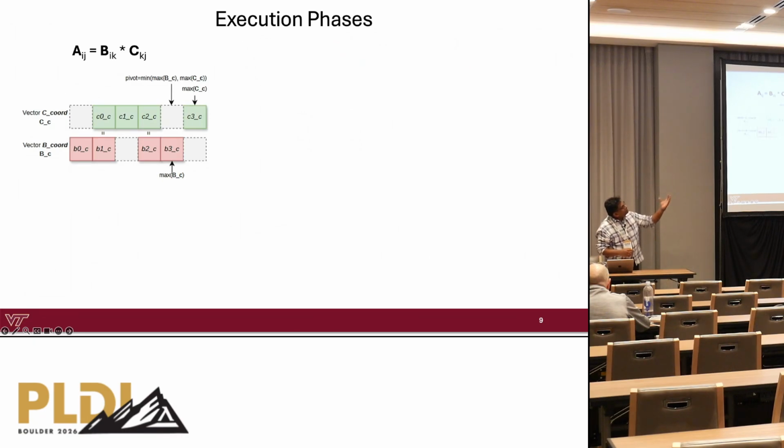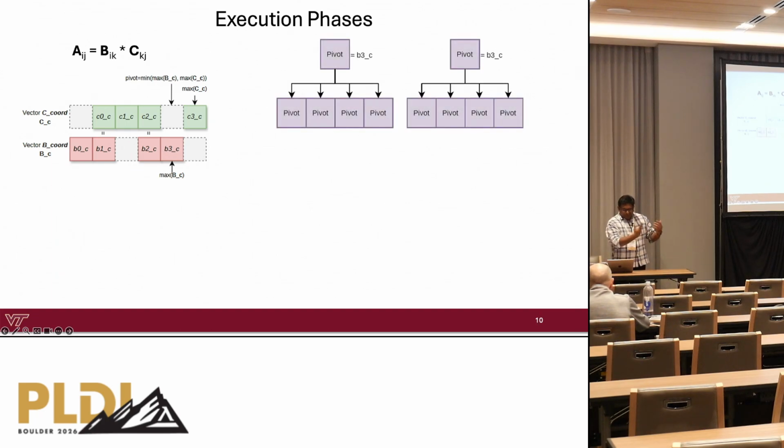You have a bunch of column and row indices, and I'm going to take the maximum row index and the maximum column index of all of the chunks, and then take the minimum of those so that I can prepare for the next iteration. You can do the same thing with vectorized instructions as well. So how am I going to do this?